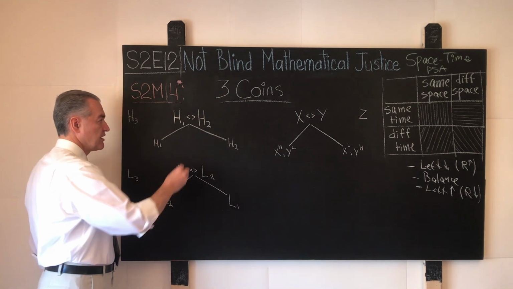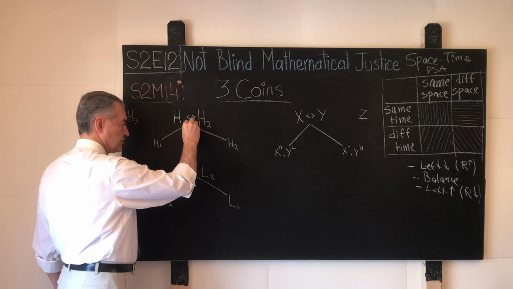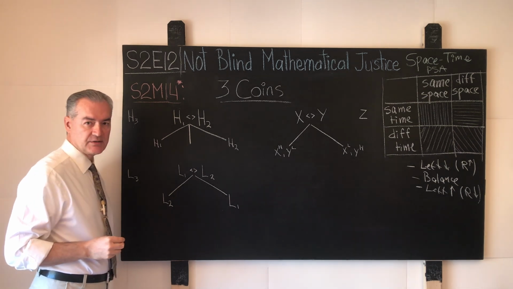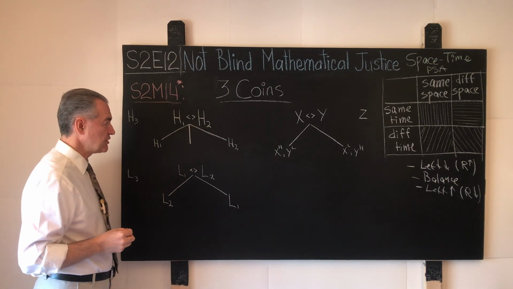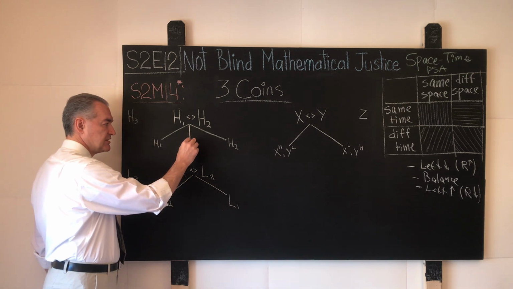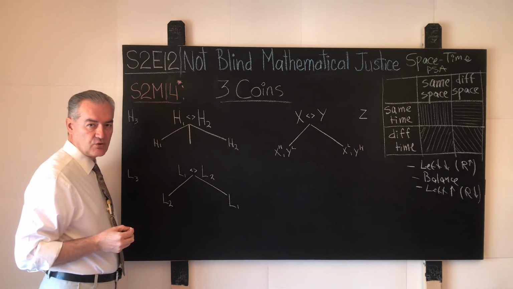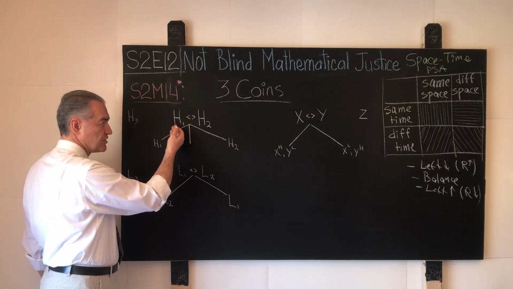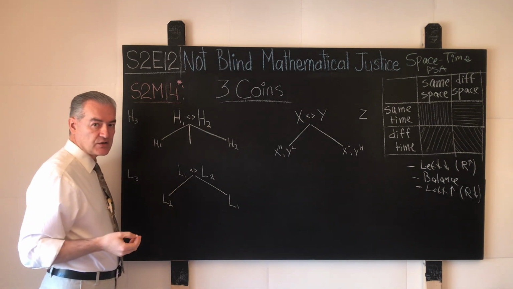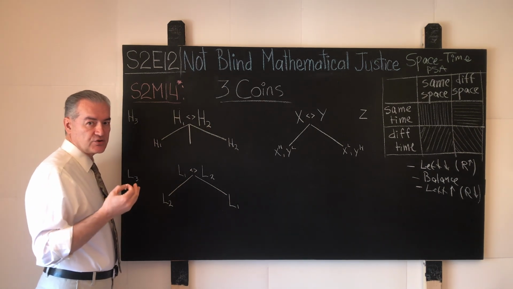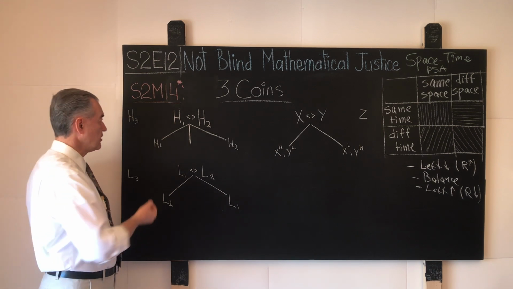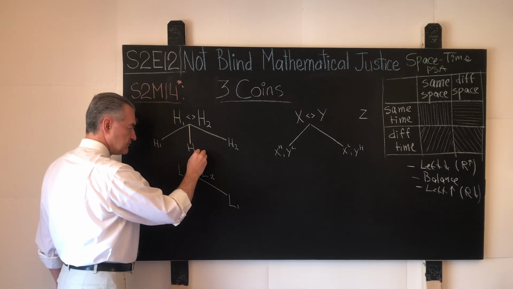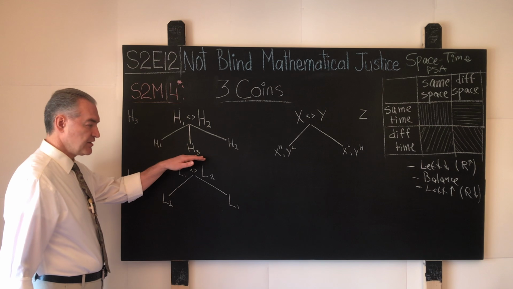We will depict that outcome with a straight line that goes down, meaning that neither pan tipped over as a result of this measurement. And can we state with absolute certainty the identity of the fake coin? Well, yes, of course, because the pans on which the coins H1 and H2 balance, it follows with absolute certainty that there is only one choice for the identity of the fake coin, and that fake coin is H3, and we know in this case that the fake coin is this one, and it is heavy.